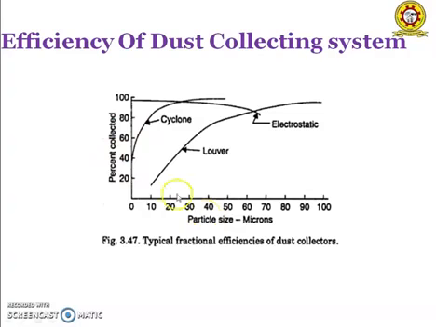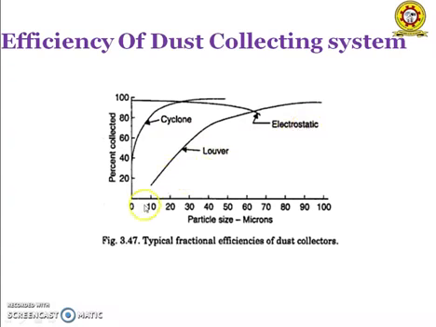If we plot a graph between the particulate size and the percentage of dust collected, the particulate size unit is microns. We previously discussed the three types of dust collectors: cyclone, Lovier and electrostatic precipitators.